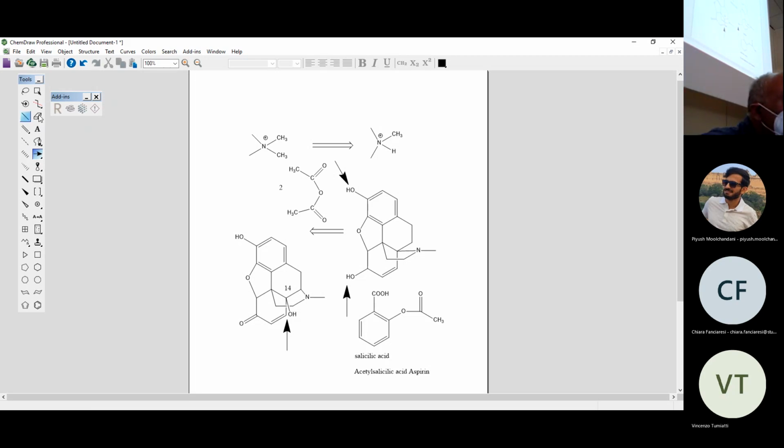And if we transform the methyl group on the nitrogen atom with an antagonistic group, like a cyclopropylmethyl group, we have one of the most potent antagonists. The two antagonists of morphine are called naloxone and naltrexone.